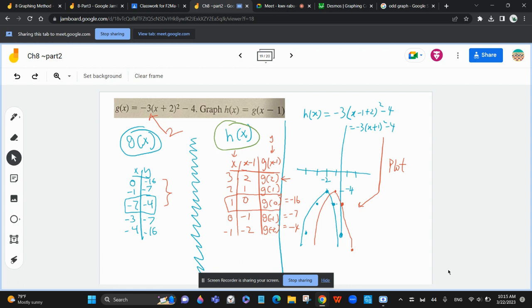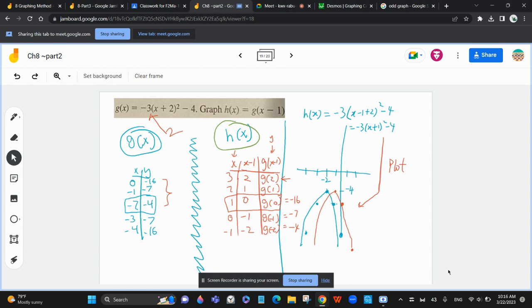So you see that before, when x is equal to 0, g of x, you will get negative 16. But now when x is equal to 1, you find h of x to be negative 16. And when x is equal to negative 2, g of negative 2, the blue one is at negative 4. But when x equals negative 1, the red one is also at negative 4.